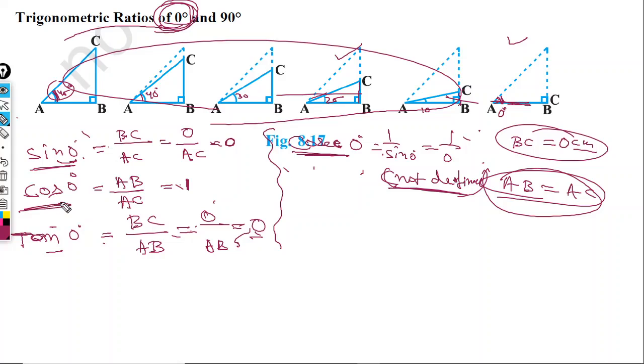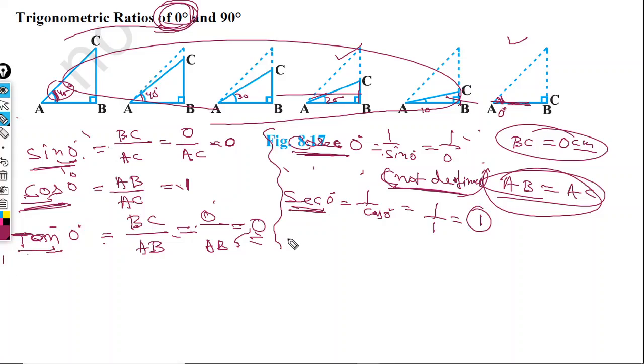Now we will move to sec 0 degree, equal to 1 by cos 0 degree, equal to 1 by 1, which is equal to 1. So cos 0 and sec 0 have the same value. Now we'll move to tan.